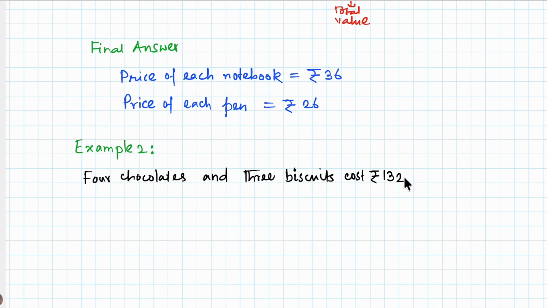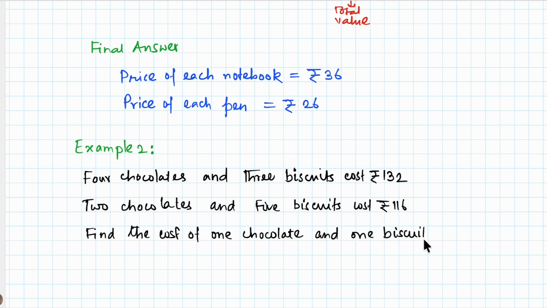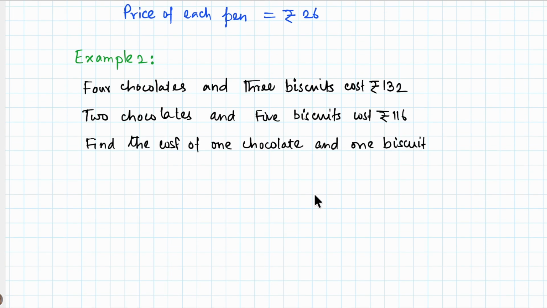They together cost 132, and then we have 2 chocolates and 5 biscuits, which cost rupees 116. Find the cost of 1 chocolate and 1 biscuit. So this is the question given.